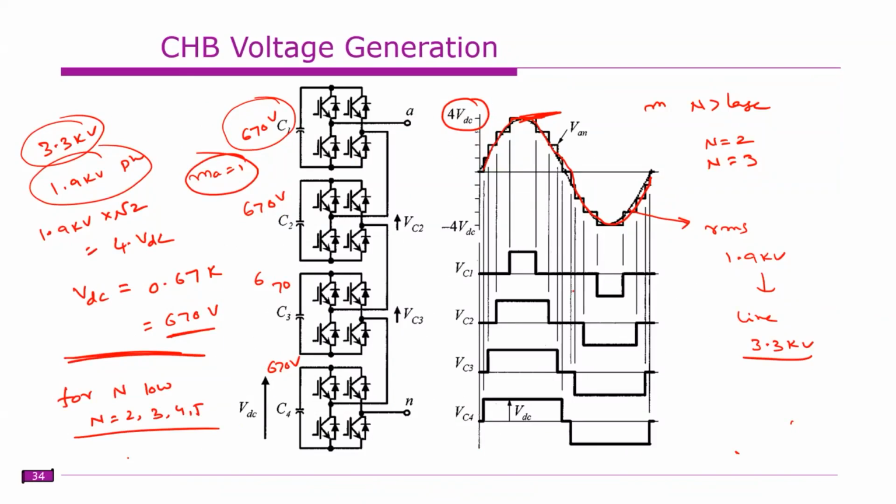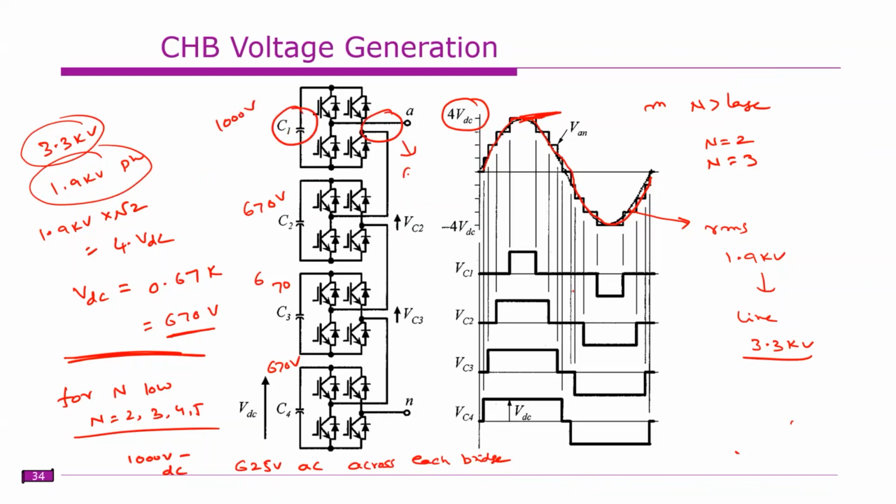For each 1000 volts of DC voltage, roughly you will get 625 volts AC across each bridge.